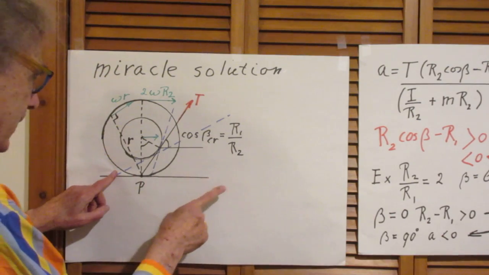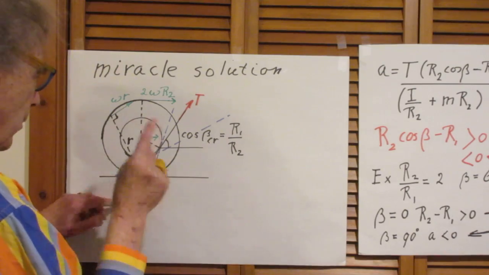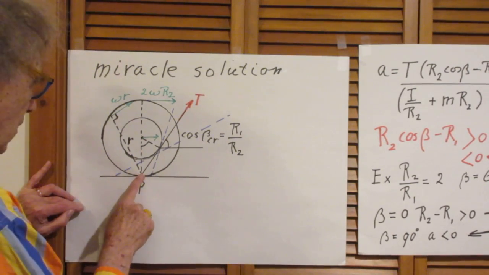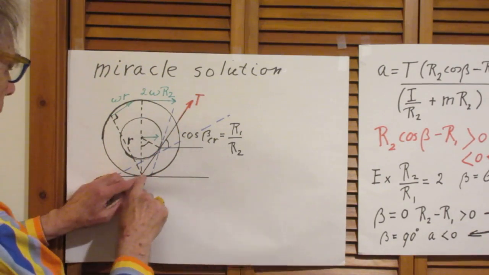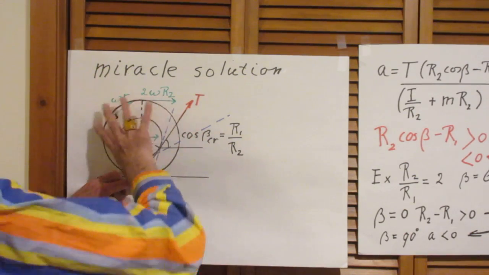Of course, a little later in time, a different point will be point P. But at a particular moment in time, this point stands still, and the entire unit is rotating about this point with angular velocity omega.